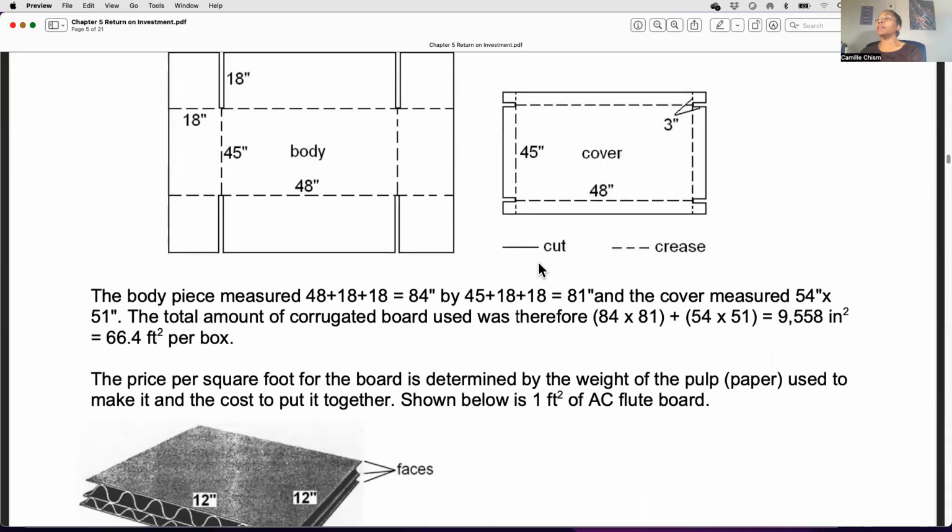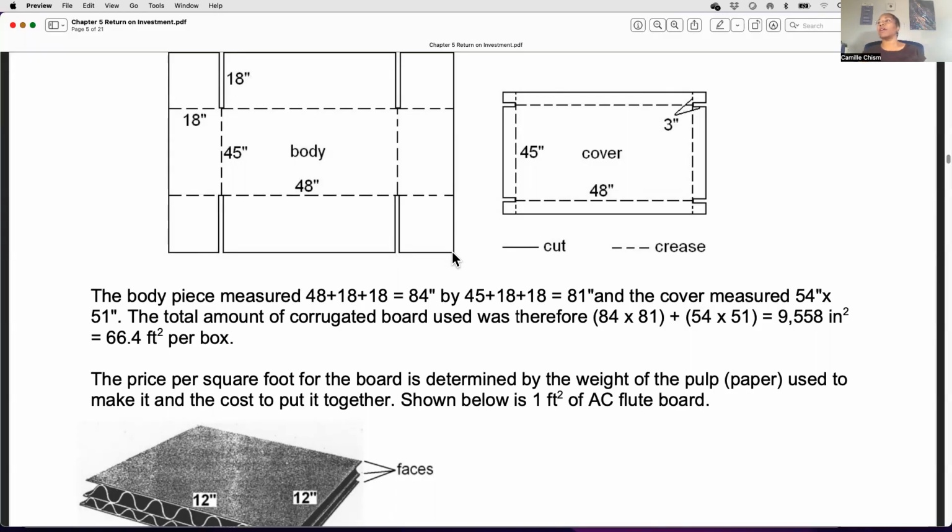So when you look at the material, you're going to take the 48 plus 18 plus 18 to get 84. So when you're looking at the blank, you've got 18 plus 48 plus 18, and that's the length.